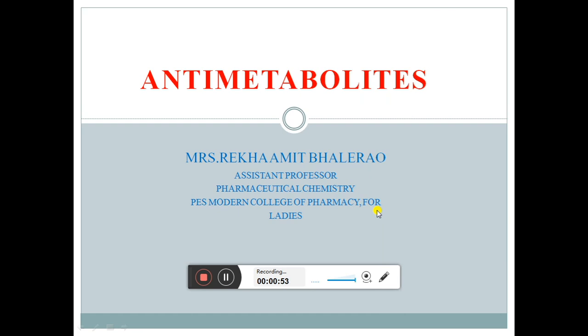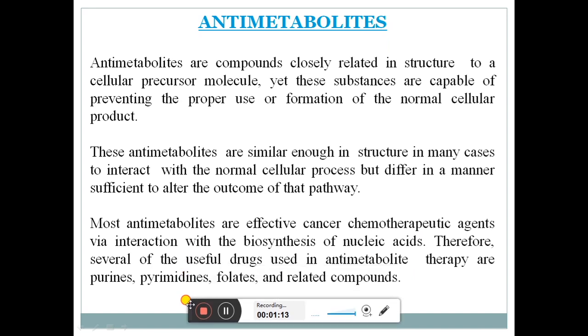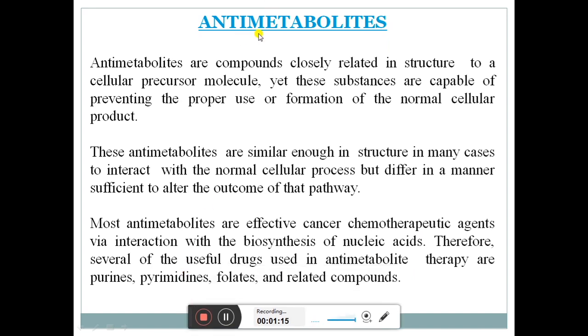The antimetabolites are again classified into three different classes: the purine antagonists, pyrimidine antagonists, and folate antagonists. Okay, so the name indicates what? Antimetabolites. What does it indicate?